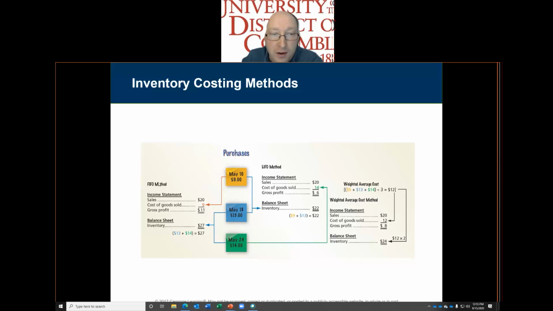Under the first in, first out method, my first purchase was on May 10th. I sold it for $20 using the first in, first out method. So 20 minus the $9 gives me $11 gross profit. My inventory balance is $27.